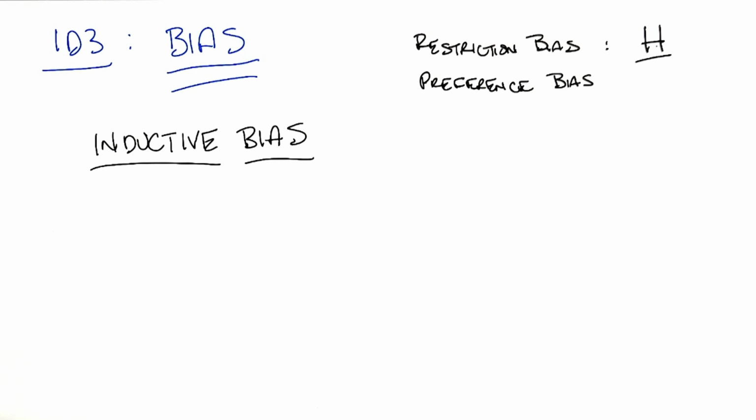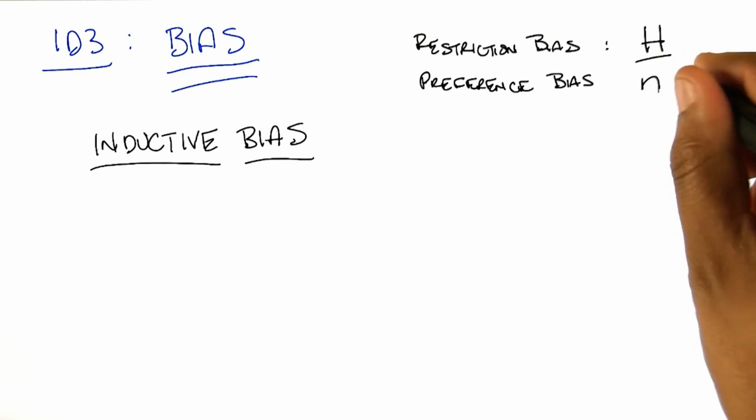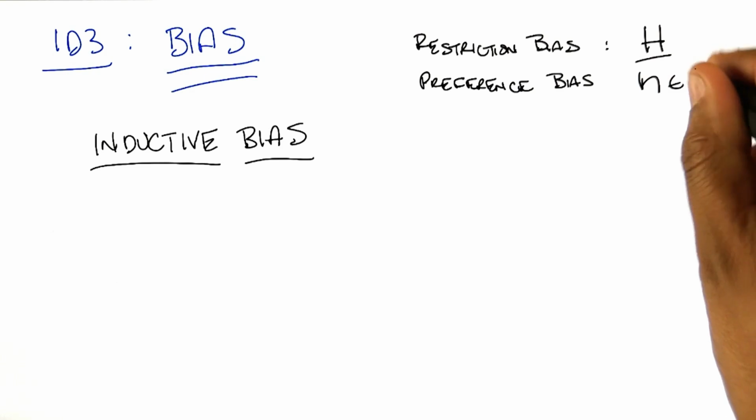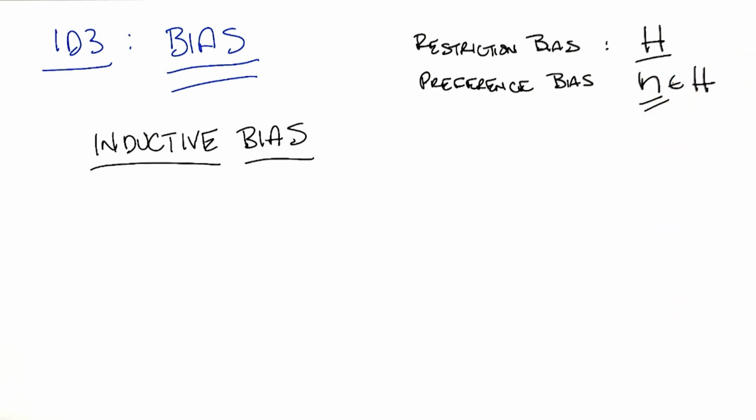And it's important because instead of looking at the uncountably infinite number of functions that are out there that we might consider, we're only going to consider those that can be represented by a decision tree over, in all the cases we've given so far, discrete variables. But a preference bias is something that's just as important, and it tells us what sorts of hypotheses from this hypothesis set we prefer.